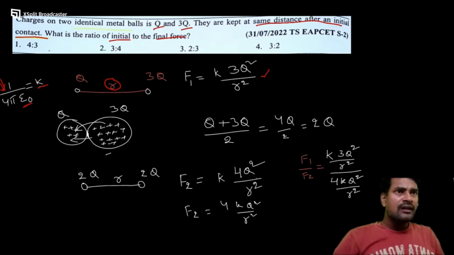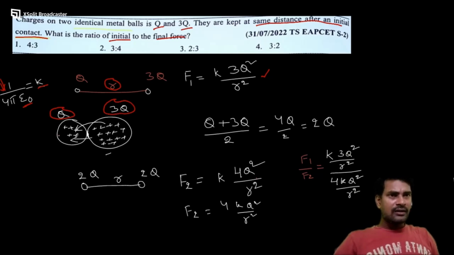Now what he did, after an initial contact, they are kept in contact. A metal ball having a charge of q and another metal ball having a charge of 3q are now contacted. Whenever these two are in contact, the charge on the 3q ball is more, so obviously the charge will transfer from the high charge body to the low charge body.